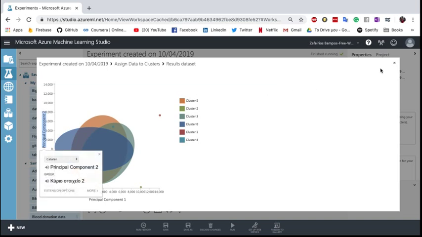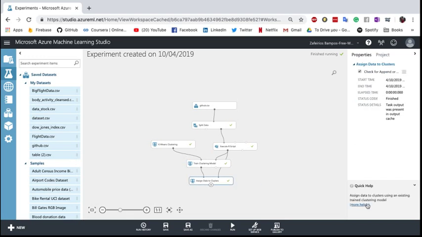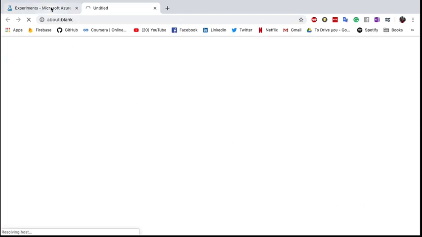If you don't know what PCA means, principal component analysis, you have to search it on your own because it's a complex mathematical method to manipulate data that is really hard to explain right now. But if you go to more help in this blog from Microsoft's documentation, you can find everything you want.